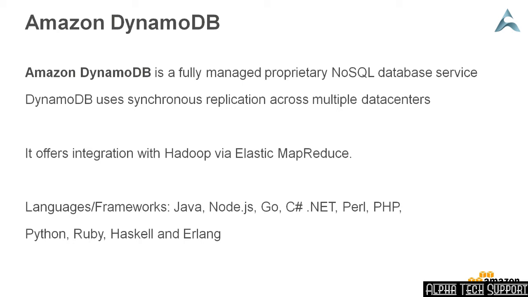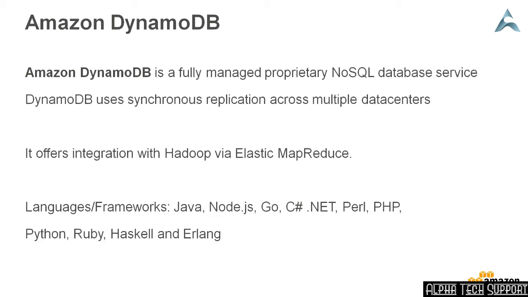It can be integrated with Hadoop via Elastic MapReduce. The languages and frameworks that are supported with DynamoDB are Java, Node.js, Go, C Sharp, .NET, Perl, PHP, Python, Ruby, Haskell, and Erlang, or the newer form of Erlang programming language, that is Elixir.